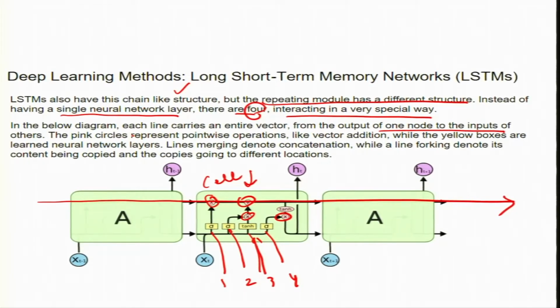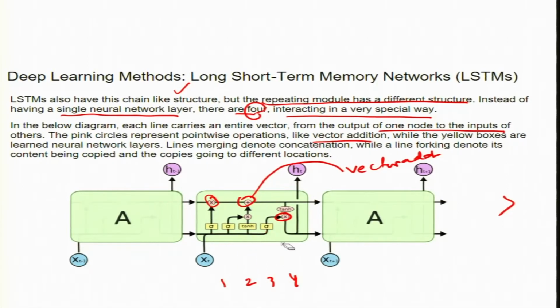These pink circles represent pointwise operations, like this is the vector addition, this is the vector addition, and this is the vector multiplication.